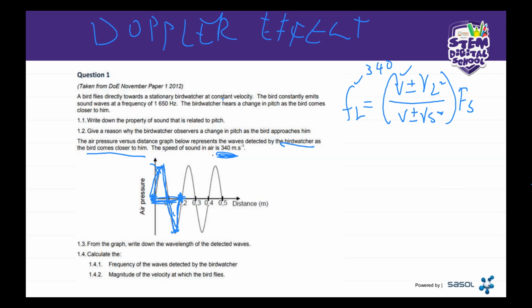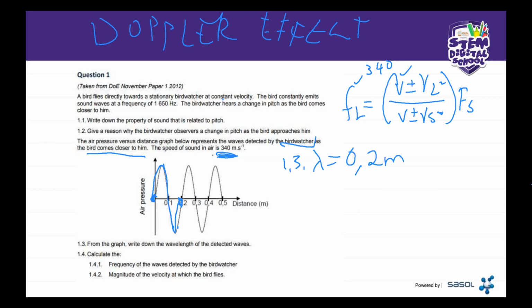So they want to know, from the graph, write down the wavelength detected. Because it's from here going down up until here, this is our one wavelength, which means our wavelength will be equal to 0.2 meters.